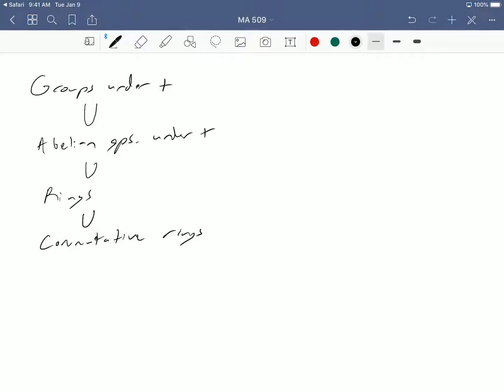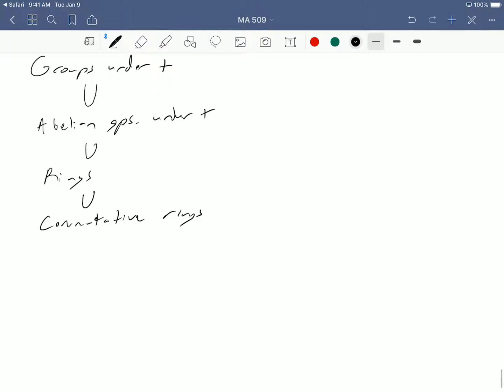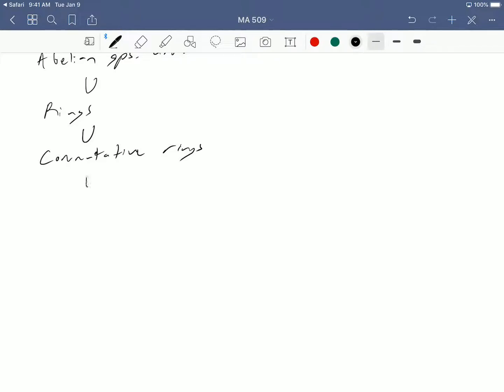Commutative rings were rings where the multiplication was commutative. And now the one that we just saw up above, that's even further requirements on a commutative ring. If we also say we don't want zero divisors, then we're talking about an integral domain. And then if we, in addition, ask for multiplicative inverses, then what we get are fields.